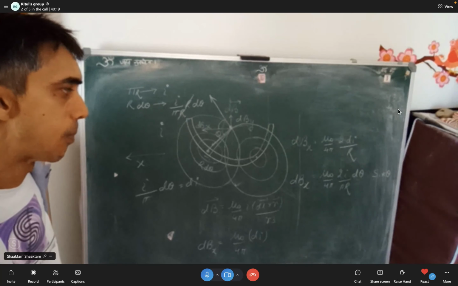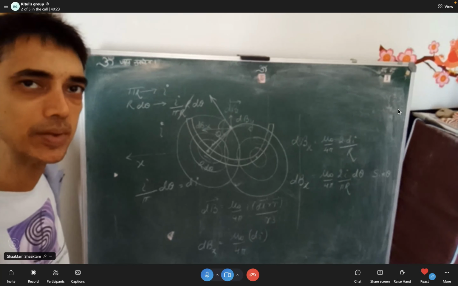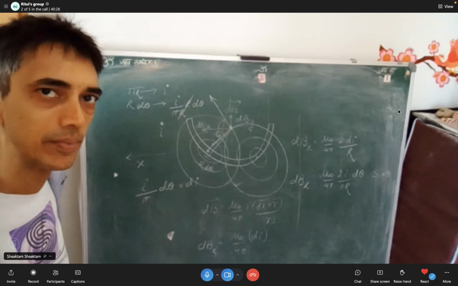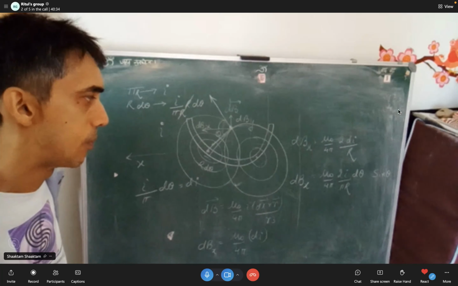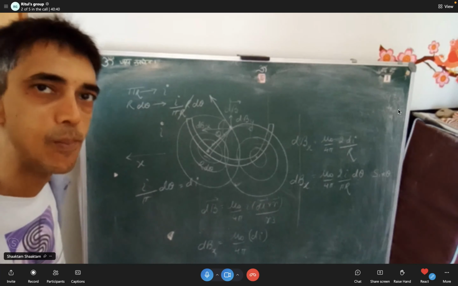So we have to integrate from theta equal to 0 to theta equal to 2 pi. No, so theta is equal to pi. 0 to pi. Even that gives you 2.